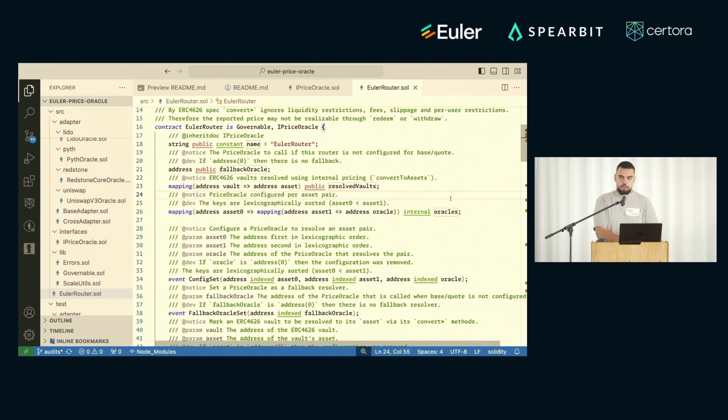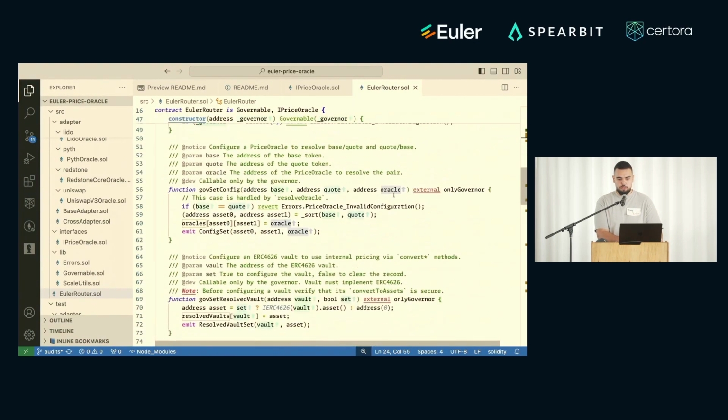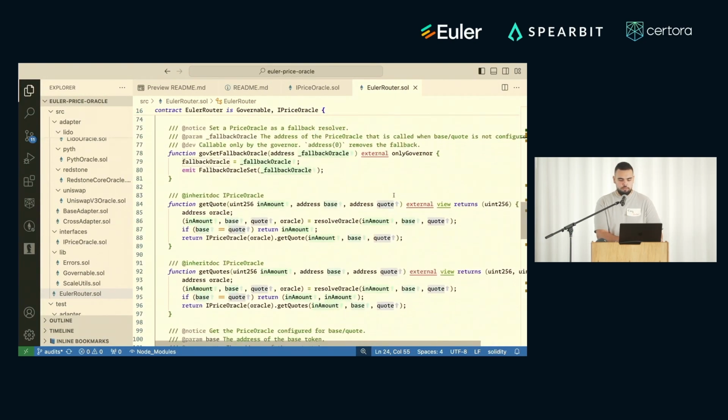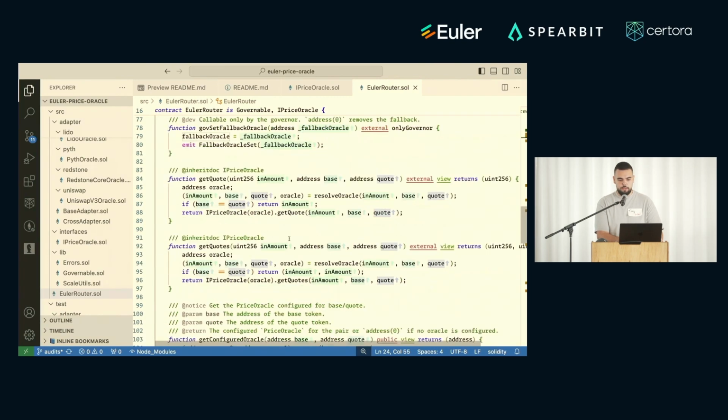And you can think of a router as sort of a dispatcher. So when you call get quote, it has some resolution logic that says which oracle to call, and then the router will forward that call to the oracle.